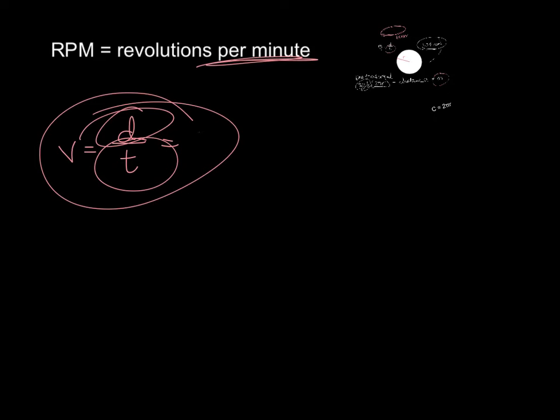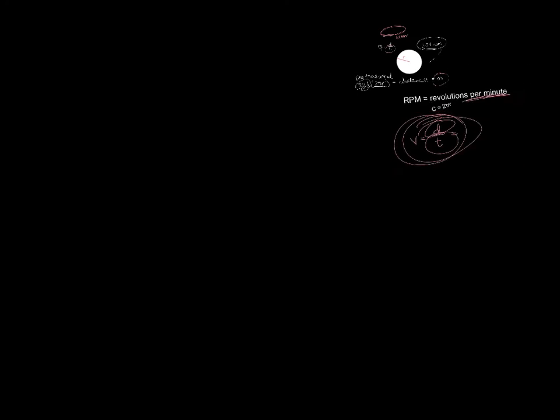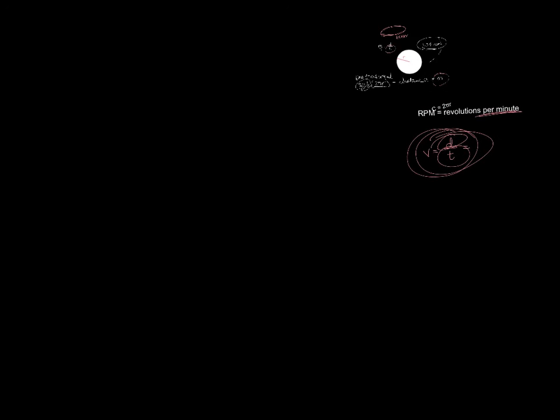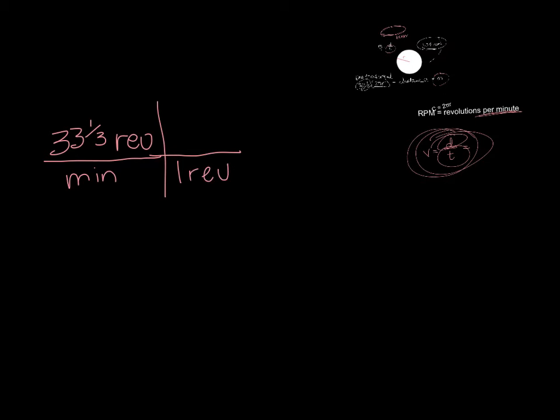There's a couple of ways we could do it. This equation's one. That's one way we could do it. Another way we could do it is that we're given, let's say we're given 33 and 1/3 revolutions per minute. So we can use dimensional analysis. And we know that one revolution is 2 pi r, the circumference.